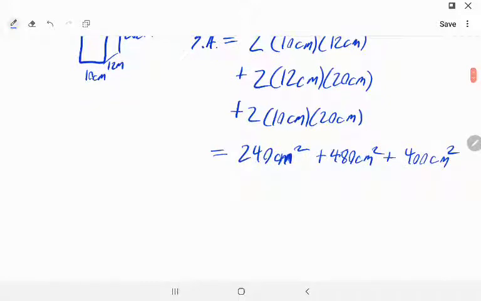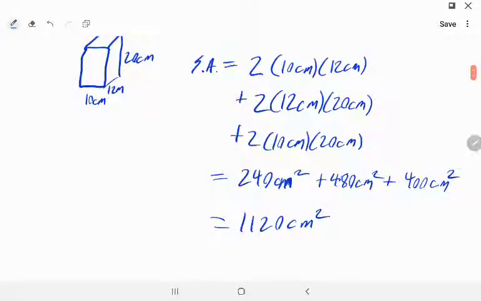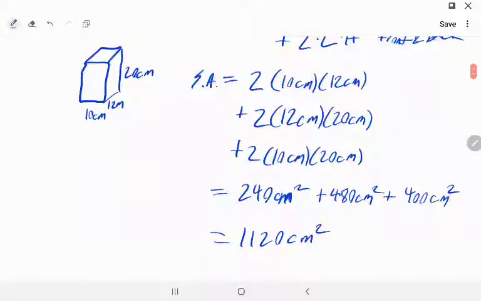So the total surface area is 1,120 square centimeters. And that's essentially how much wrapping paper we need to cover it, although obviously that would be exact. You'd need a lot of Scotch tape.